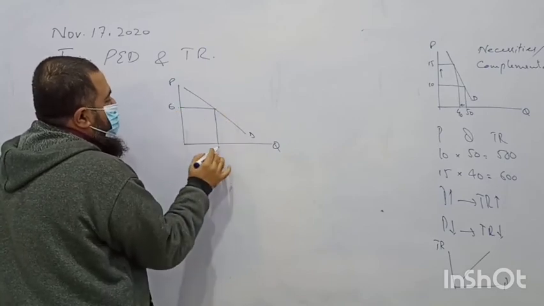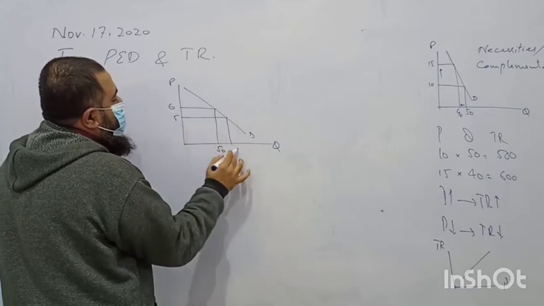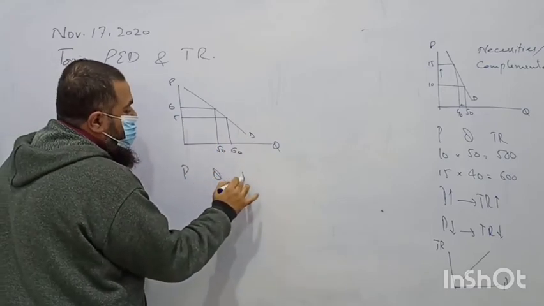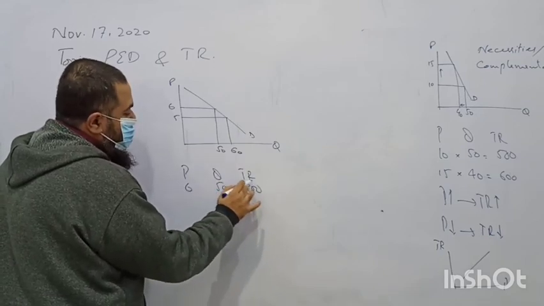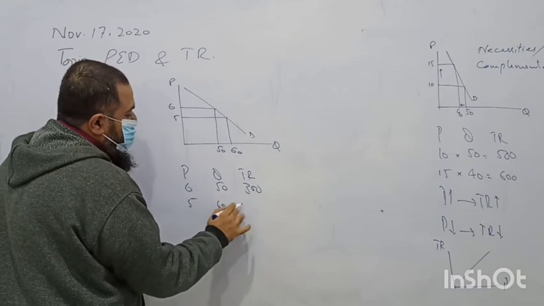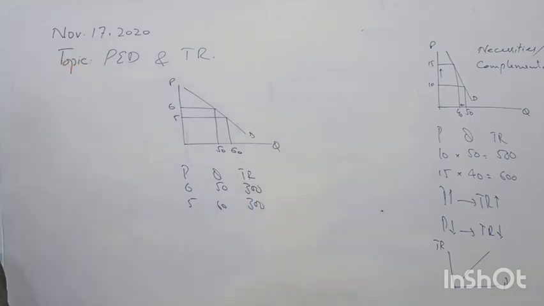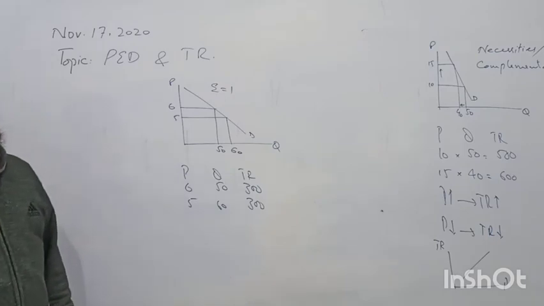At price 6, 50 units are demanded. At price 5, 60 units are demanded. What is the revenue now? 6 and 50 units, 300. And at 5, 60 units, again it is 300. There is no change in revenue. When there is no change in revenue, we say it is unit elastic demand.